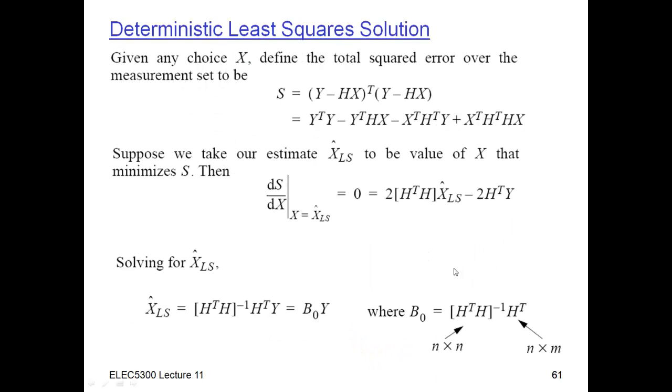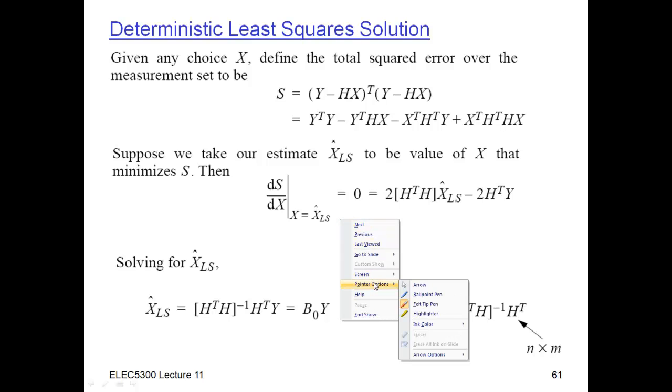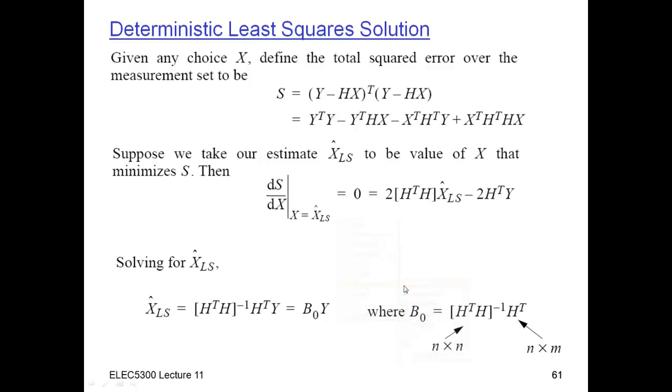So how can we do this? Well, one way we can do it intuitively is to find the x that minimizes the error between what x predicts, through H, and what I actually measure.